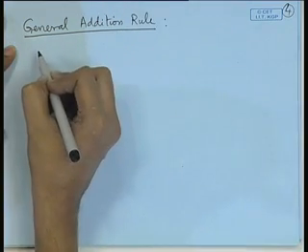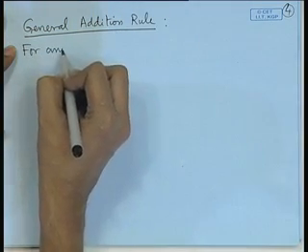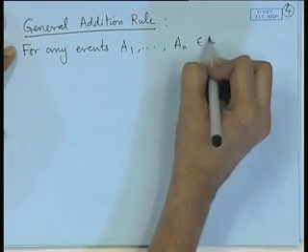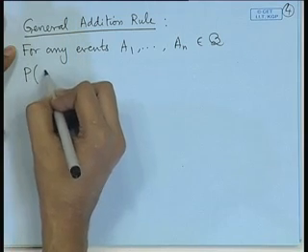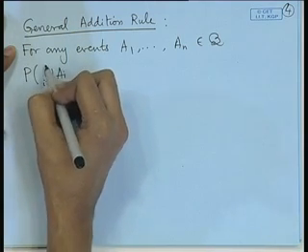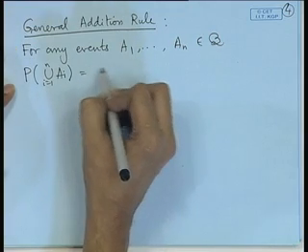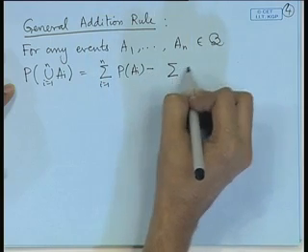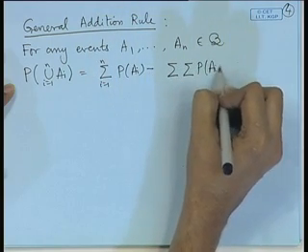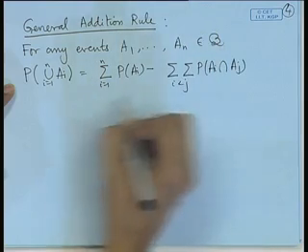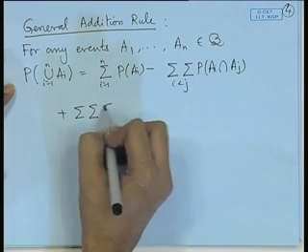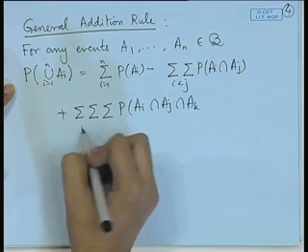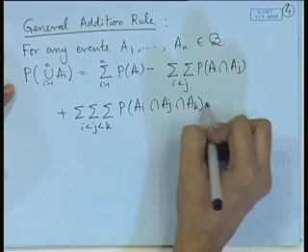If we have events A1, A2, ..., An, then probability of union Ai, i equal to 1 to n, can be expressed as sigma probability of Ai, i equal to 1 to n, minus double summation probability of Ai intersection Aj, i less than j, plus triple summation probability of Ai intersection Aj intersection Ak, i less than j less than k, minus and so on.